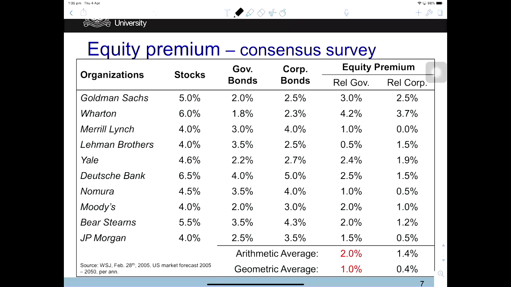So you will find some leading investment banks, Lehman Brothers, which is gone, and also some academics in here. You will see the range of their estimates, up to 4.2%. That's probably the highest among the academics.